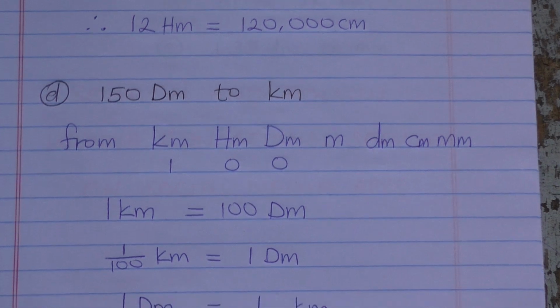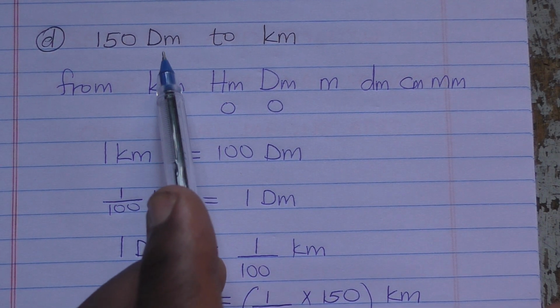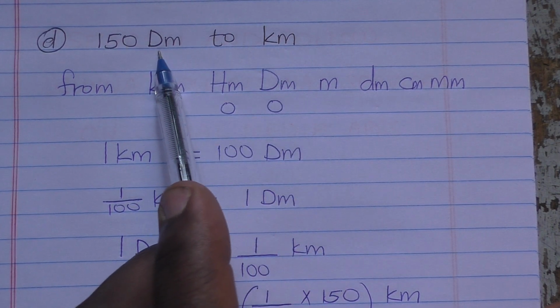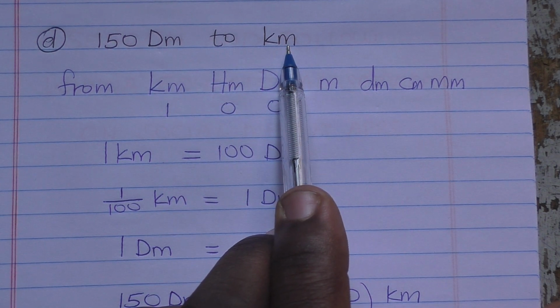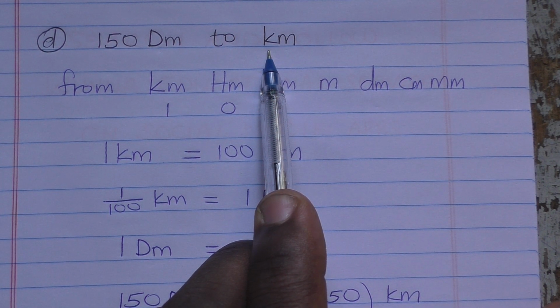That is how we shall convert from hectometers to centimeters. Then example D is where we are converting from decameters to kilometers. Decameter is a smaller unit compared to kilometer, and therefore from small to big we shall divide.